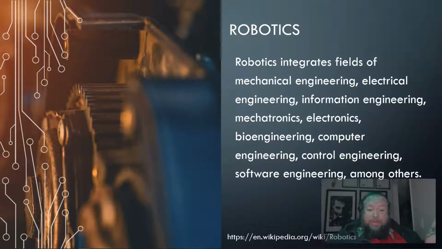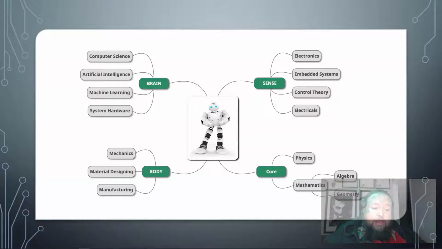So, robotics integrates fields like mechanical engineering, electrical engineering, information engineering and design, mechanics, electronics, bioengineering, computer science, artificial intelligence, control engineering, software engineering, amongst many other things. It's a lot of fields that are coming together and a lot of areas that you could go about studying. And even breaking it down, if we look here, even though I'm using the humanoid robot, different parts of it break down into other fields and cross over.